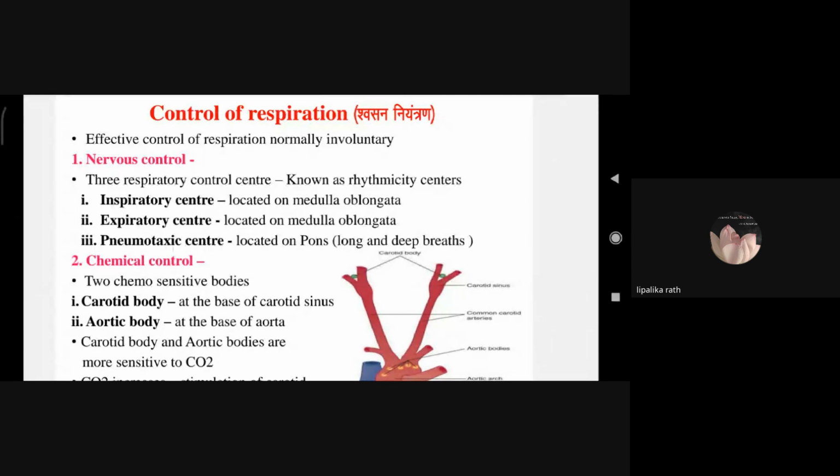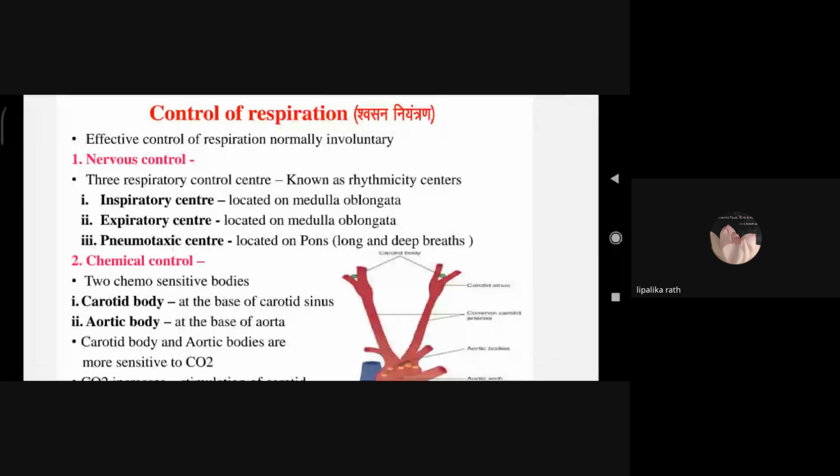So if we are not controlling the respiratory system voluntarily throughout the day, then who is controlling? Obviously, our nervous system is controlling the whole body. So the nervous system is also controlling the respiratory system.